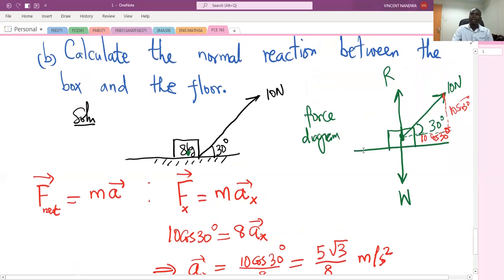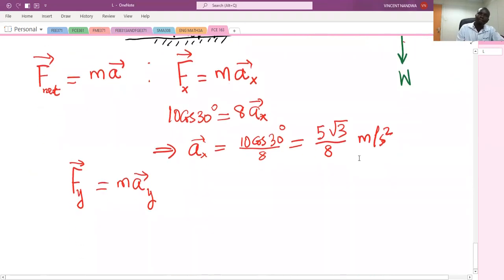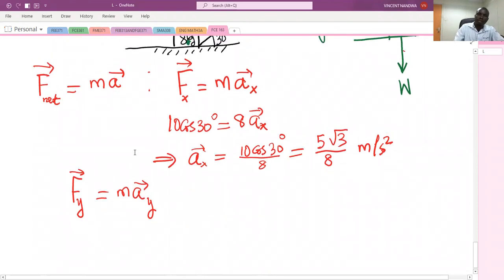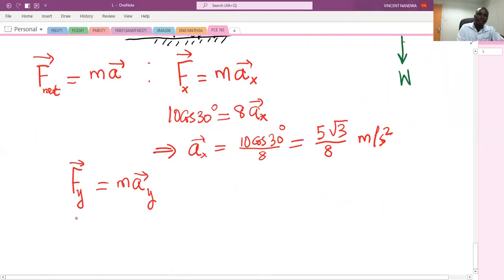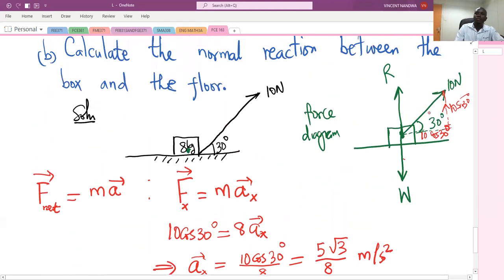Going to the diagram, the vertical components are the normal reaction, this force, and the weight. Taking forces acting upwards to be positive, the weight is acting downwards so it is negative.